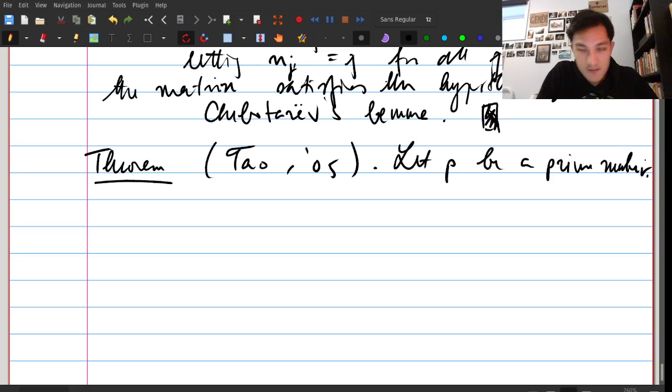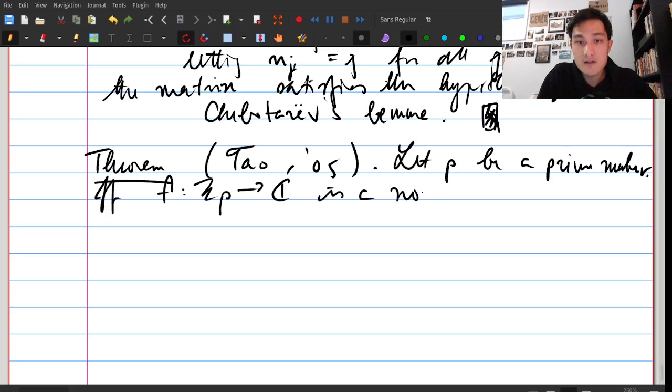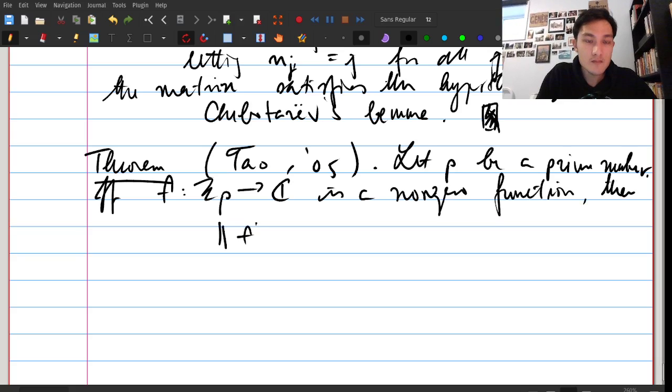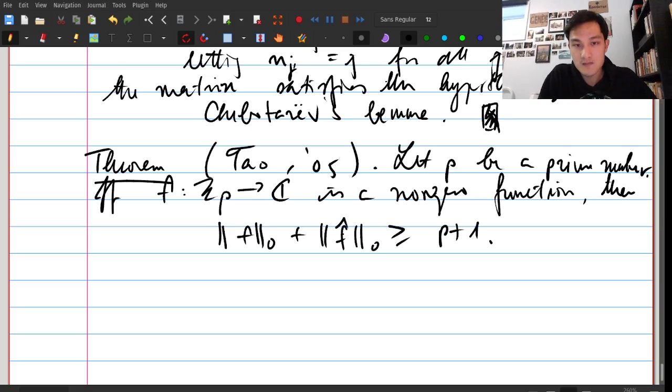If f from Z_p to the complex numbers is a non-zero function, then the size of the support of f plus the size of the support of f hat is at least p plus 1. So we'll probably use this zeroth norm to mean the size of the support.